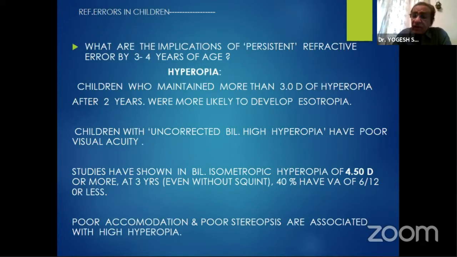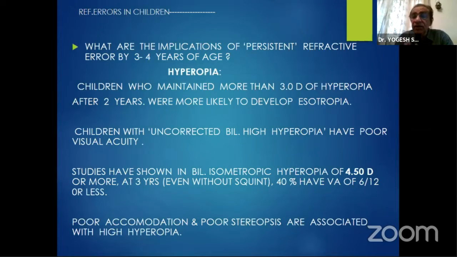Now, studies have shown that in bilateral isometropic hyperopia, isometropic means both eyes having the same amount of hyperopia, of 4.5 diopters or more, these are all statistics. These have all been studied by the PEDIG studies also in the last 2 decades.